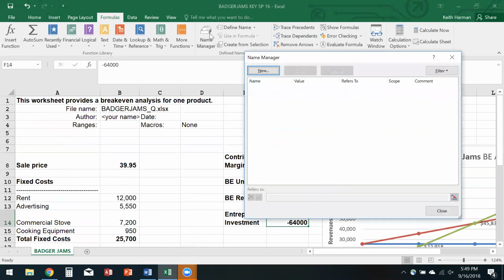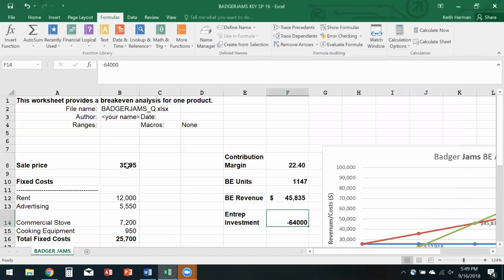Now we could use the Name Manager, and if we did, it would really just make it probably a lot easier for us. For example, on sale price, I could say, all right, the sale price, and I'll give it the sale price.